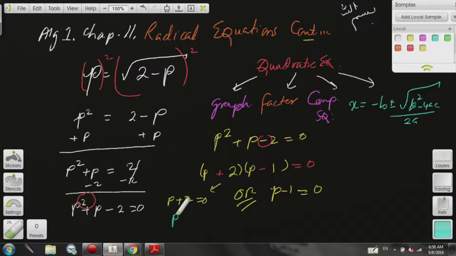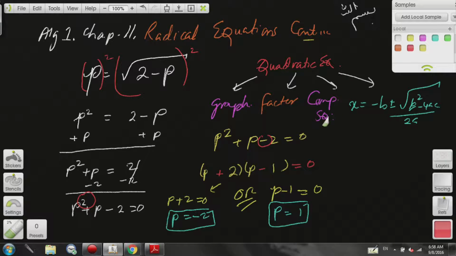Then p equals negative 2, and p equals 1. So I get 2 answers, but you have to check these answers because both of them or one of them might not actually work.